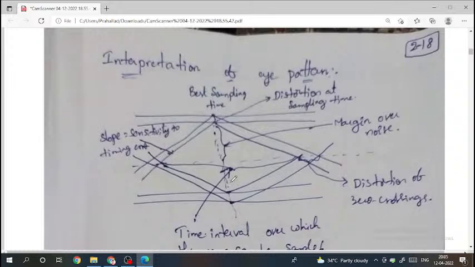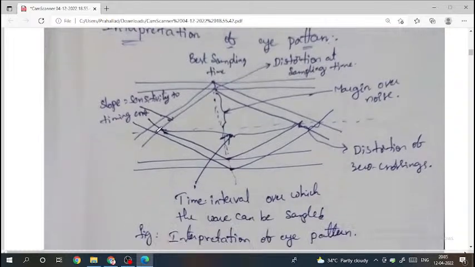So this is the best sampling time, and this one is the interval over which the wave can be sampled. This one is the margin over noise, and this one is the distortion at sample time, and this is the slope, which equals the sensitivity to timing error, and this one is also the distortion of zero crossings.